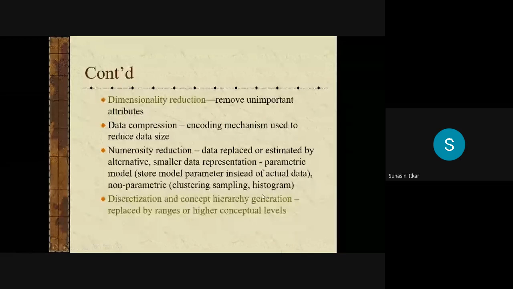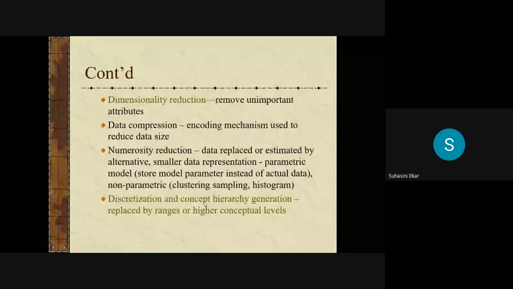There is also the technique called discretization and concept hierarchy generation, used for converting or reducing the data in terms of a particular specific range, or by removing attributes. We can replace ranges with higher conceptual levels using concept hierarchy generation.